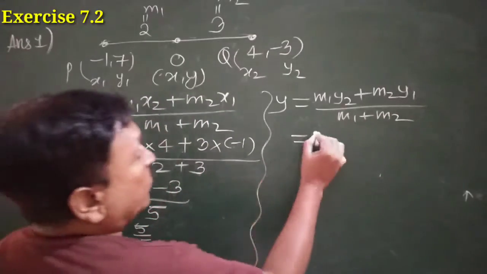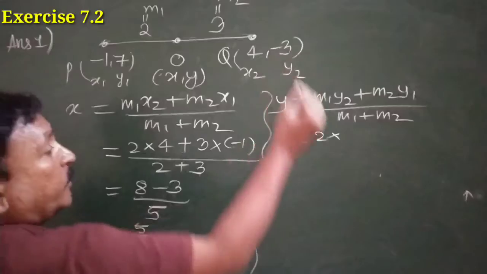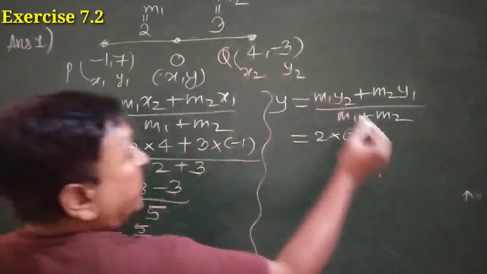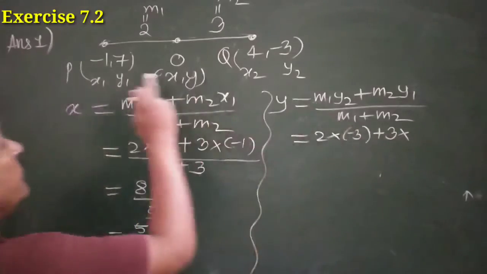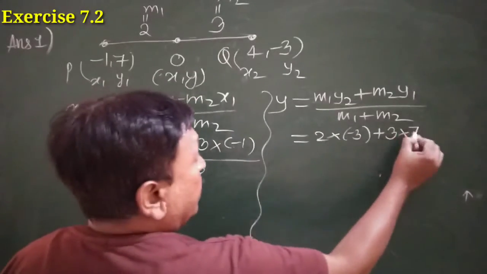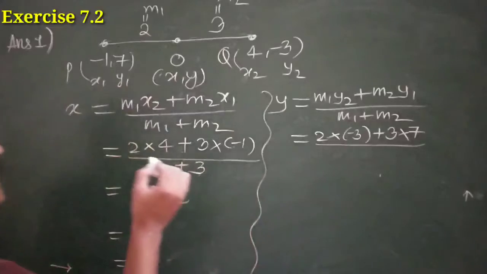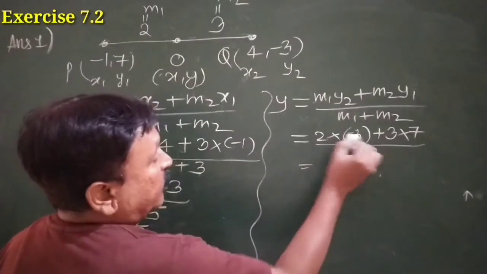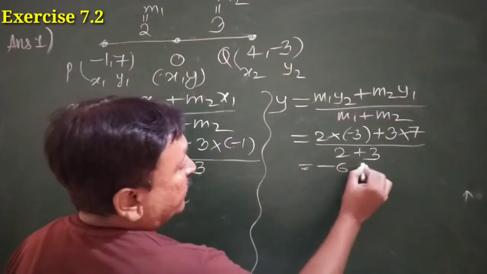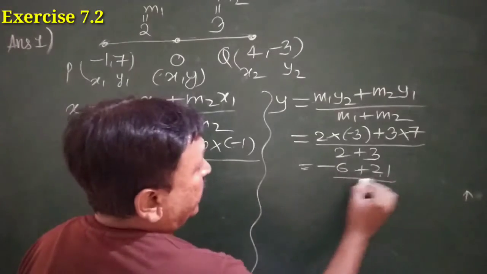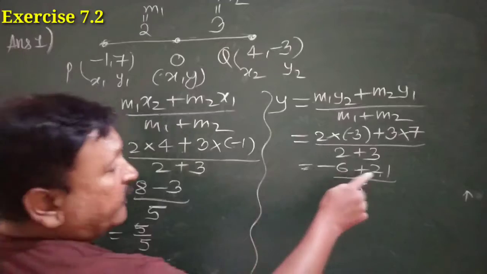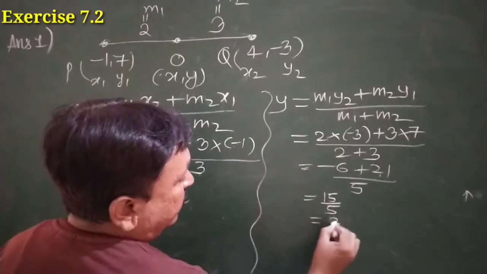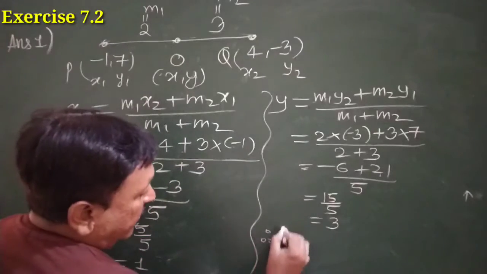What is m1? 2, y2 -3, plus m2 3, y1 7, upon m1 plus m2 means 2 plus 3. 3 2s are -6 plus 7 3s are 21 upon 5. -6 plus 21, it will give 15 upon 5. 5 3s are 15.